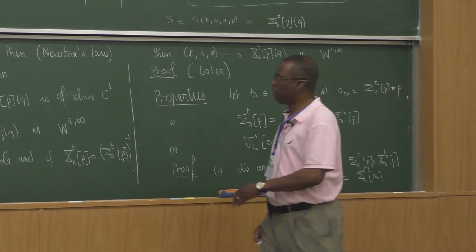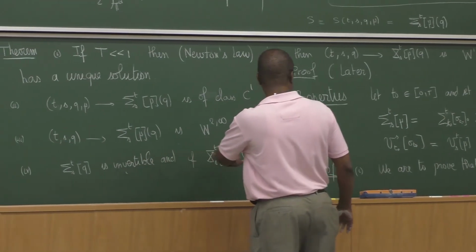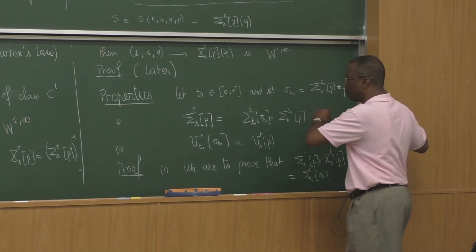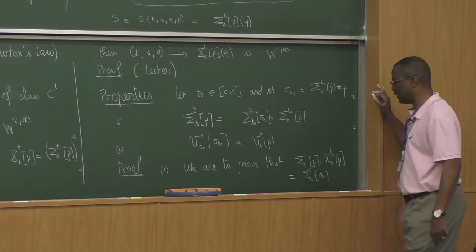If I know that my function is invertible, showing this identity is equivalent to moving this here and showing that identity.